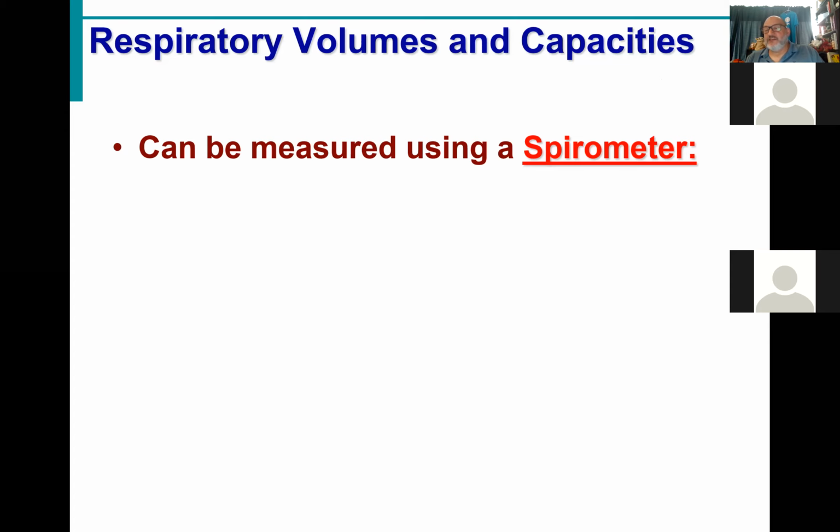Are we going to provide numbers for them? Yes. Are these numbers that you necessarily need to memorize? The numbers for the respiratory volumes or capacities, do you think they're numbers you need to be able to memorize? So when I say that you take a normal resting breath, is every single person in this class going to take in the exact same amount of air with a resting breath?